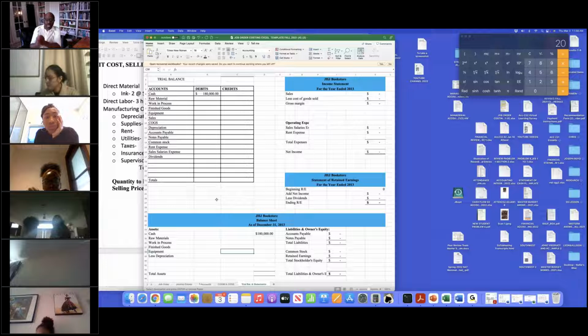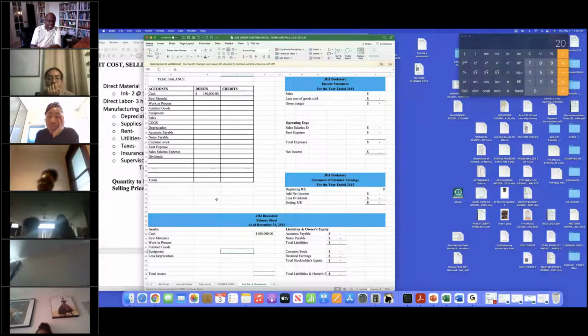So every time you make a journal entry, it's going to do all of that for the assets, the liabilities, the common stock, retained earnings, all the permanent accounts. Okay, that's good. For the expense account and the revenue, what do we have it do? It's going to put it on the trial balance, but what else is it going to do? What's it going to do, Kiana?